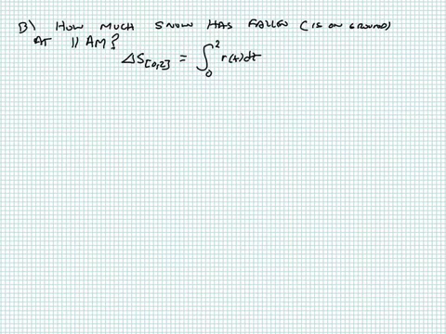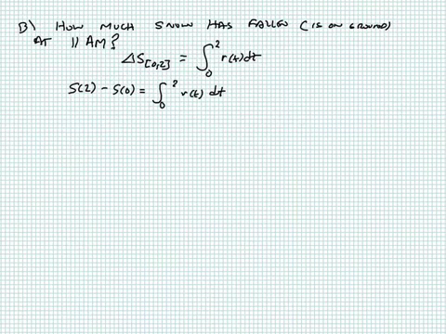But I want to find out the actual amount of snow. And so what I'm going to do is take this delta S and split it into S of b minus S of a. So I've got S of 2 minus S of 0 is equal to the integral from 0 to 2 of the rate of snowfall dt.